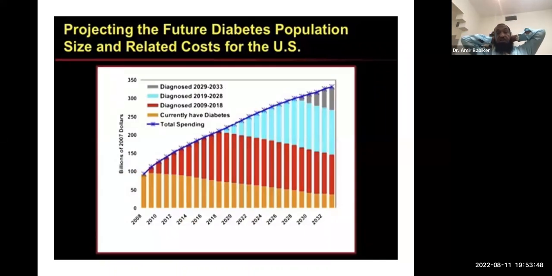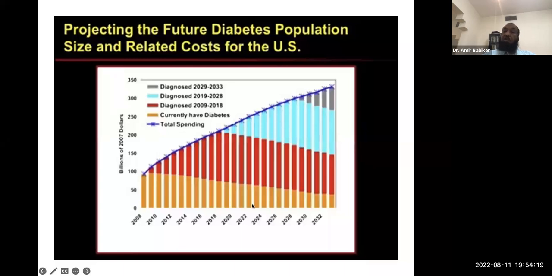So this is an interesting graph, projecting the future of diabetes population size and related costs for treating them in the US. What's interesting about it is that those who are diagnosed at these years are expected to be lost earlier, but you have increasing cumulative incidence of the disease, not necessarily with the same patients, but with new patients that also expire earlier.